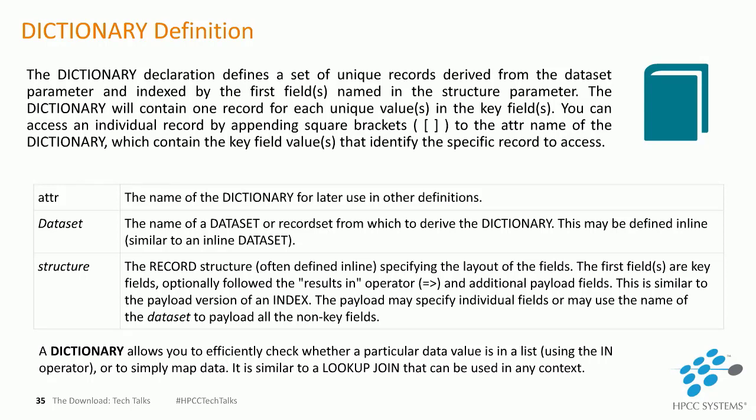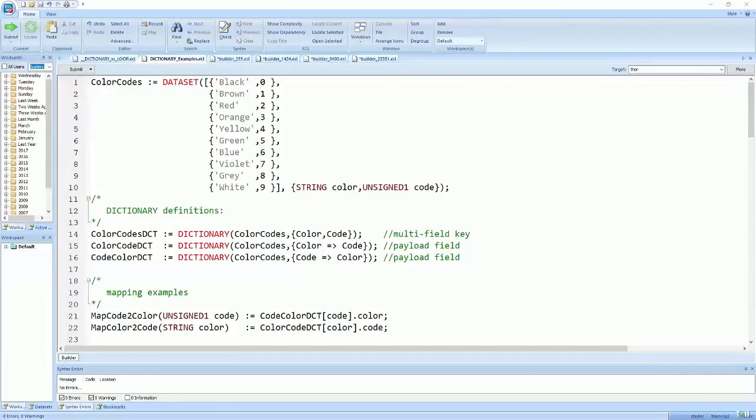So it will contain one record for each unique value. You can think of a dictionary as being very similar to an index, but it's done pretty much on the fly. So let's go to where I'm more comfortable, and that's actually looking at the code and talking about this stuff from the code.